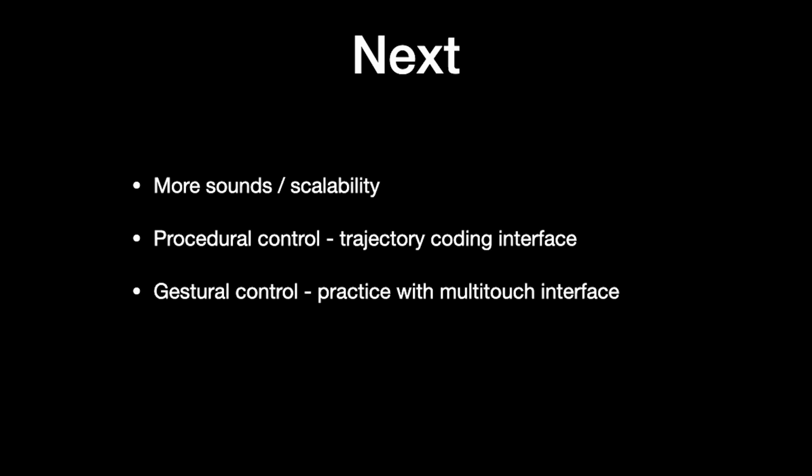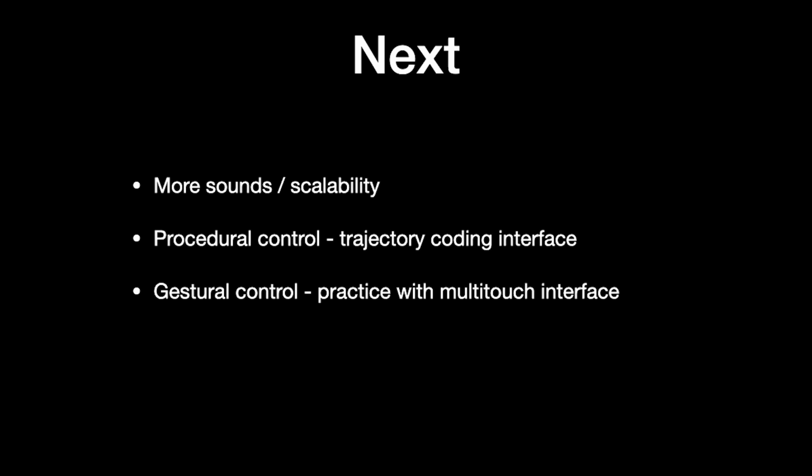As for next steps, as I mentioned, the idea is to continue to add more sounds to the interface. There are some issues that need to be sorted in the code in order for it to be able to handle larger quantities of icons and sounds, but work is on the way. Beyond that, there are two main directions that I'm exploring for this work. One is the idea of procedural control of the trajectories.